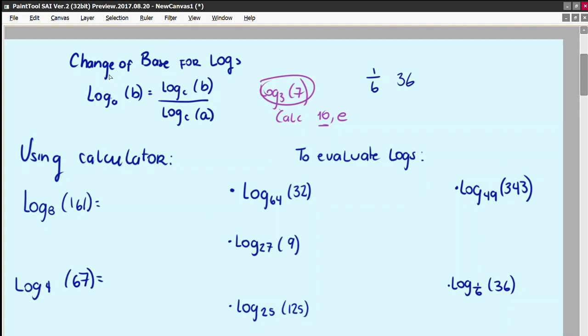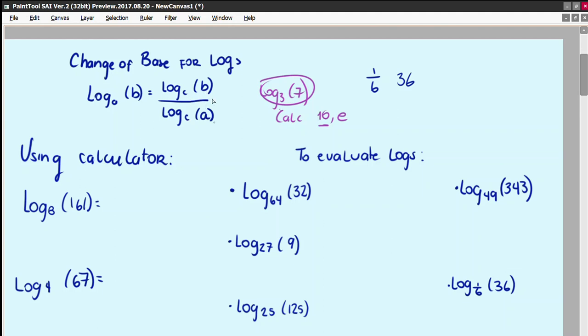If you have a logarithm that is base a and you want to change it to another base, let's say base c, then you have to do the following. The logarithm of the previous base of the argument is the same as the logarithm of the new base of the same argument over the logarithm of the new base of the previous base.